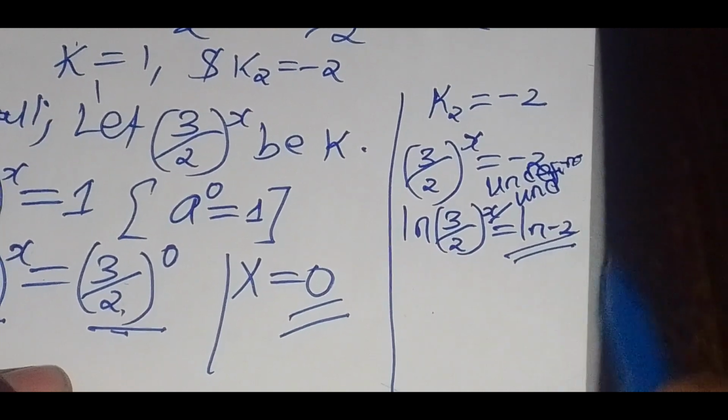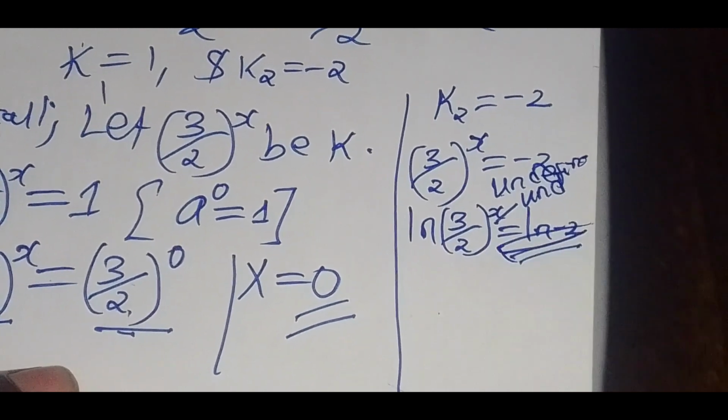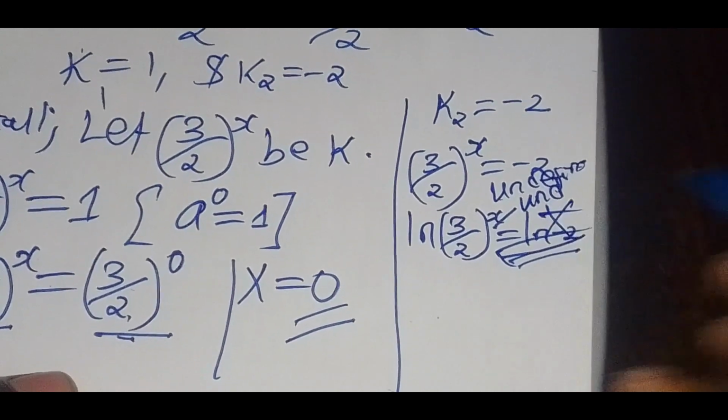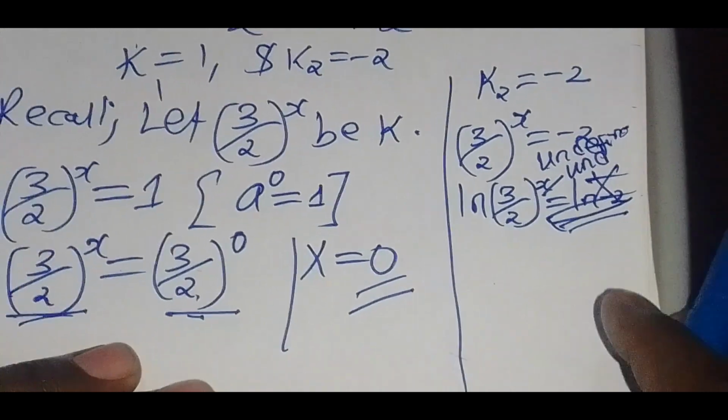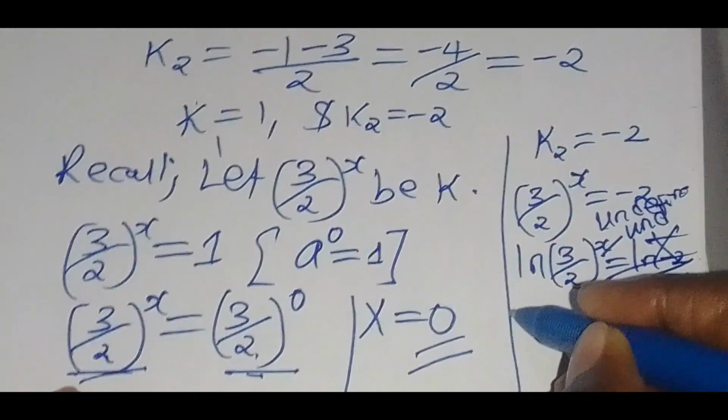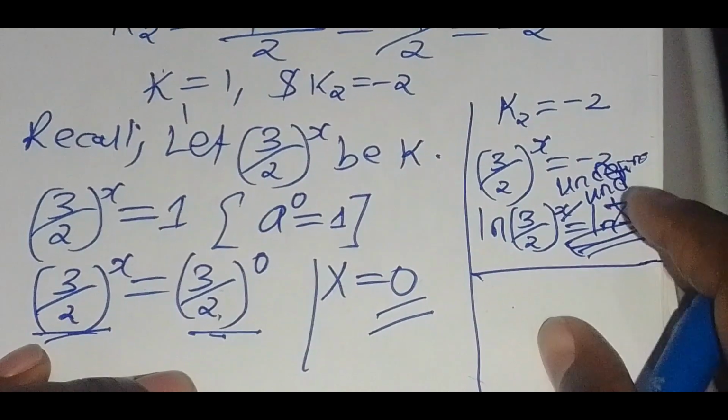So that means the only possible value of x is equal to 0, and you can verify that.